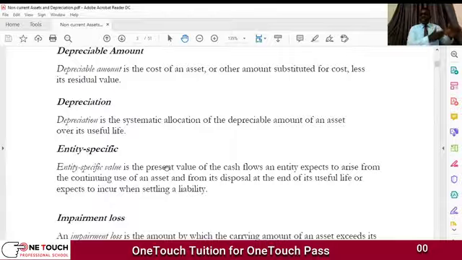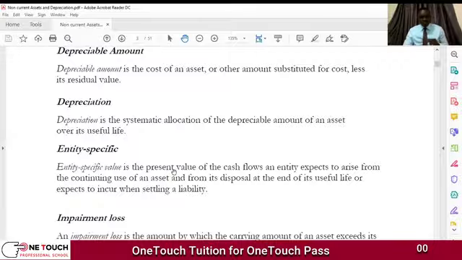We are trying to spread the cost over the asset's useful life. We don't want to expense the total amount in the year in which the asset is acquired, as it may be a huge blow to the company's performance. Since the asset will not be used for just a year, we should find a way to spread the costs over its useful life. That's a method of allocating the depreciable amount of an asset over its useful life.